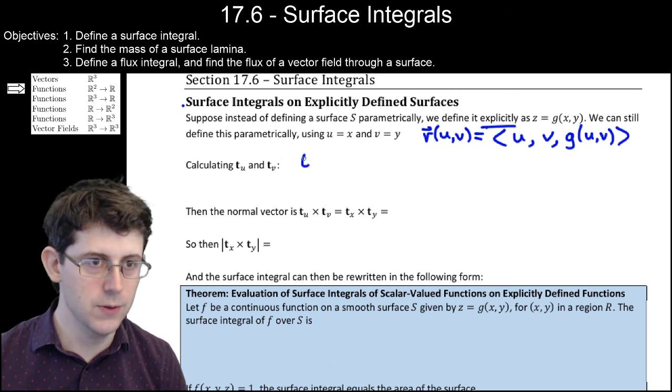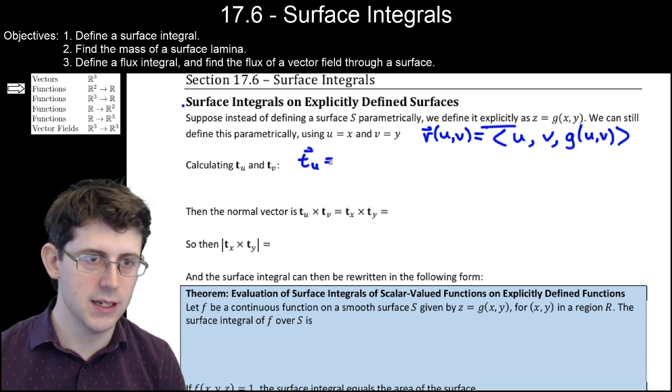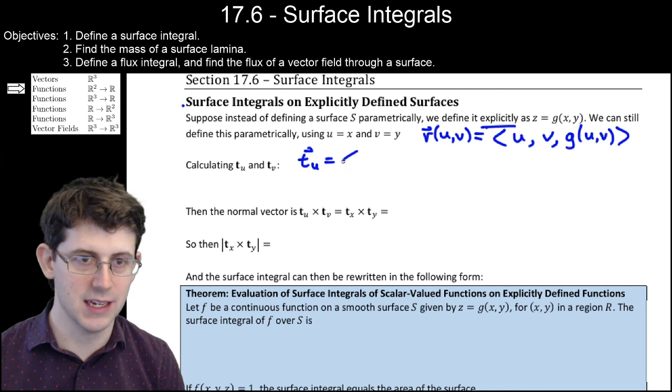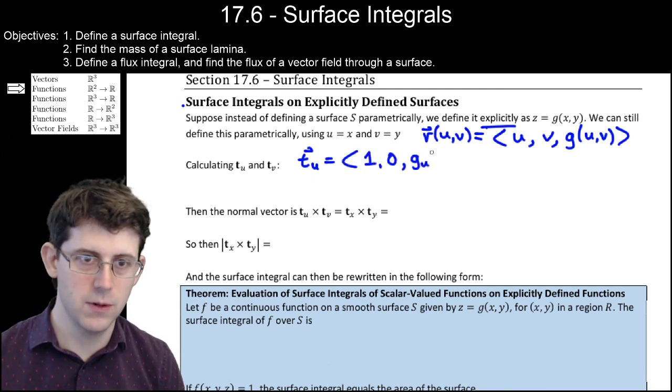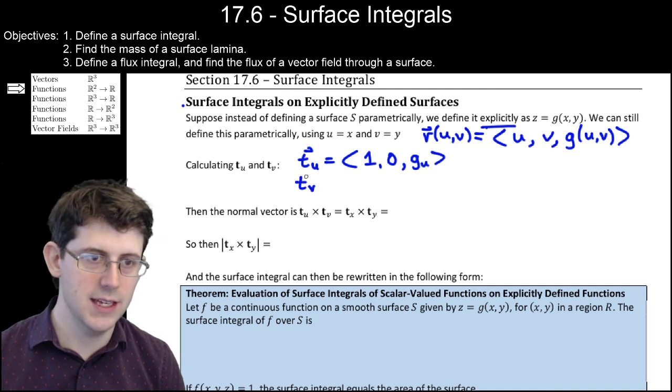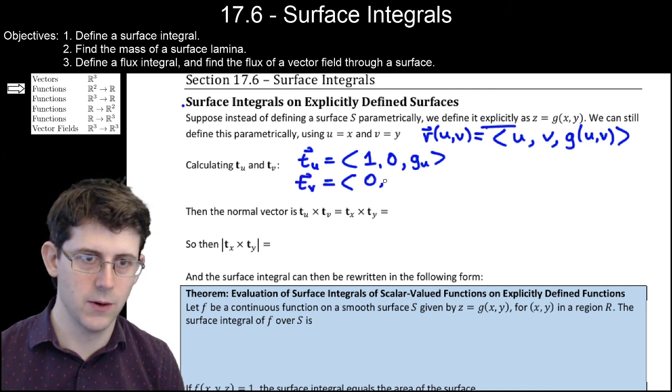So what is Tu? Tu is the u partial derivative of this thing. So it's going to be 1, 0, gu. And Tv is 0, 1, gv.